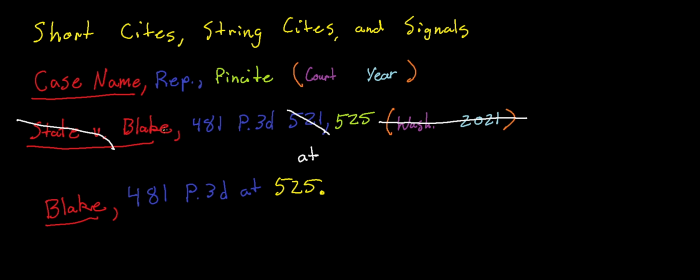We don't want to do that, so instead we take the name Blake. We still keep the reporter volume number and the reporter name, but instead of the first page of the reporter, we just say at, and then 525. You can put this into Lexis or Westlaw, and it will take you to this page of the decision.